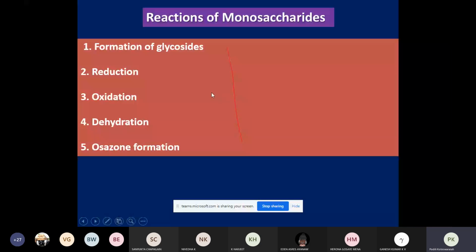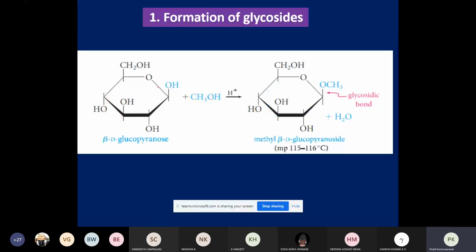Formation of glycosides, in the sense that in glucose, this linkage is also known as hemiacetal linkage. This is also known as the hemiacetal carbon.